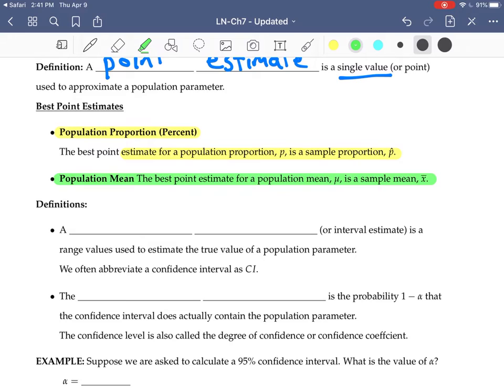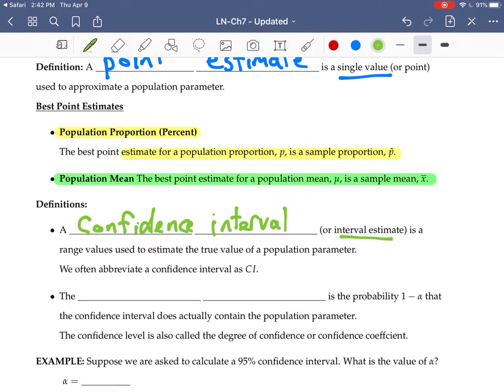What we do with this point estimate is usually build what is called a confidence interval around it. A confidence interval is sometimes also called an interval estimate.